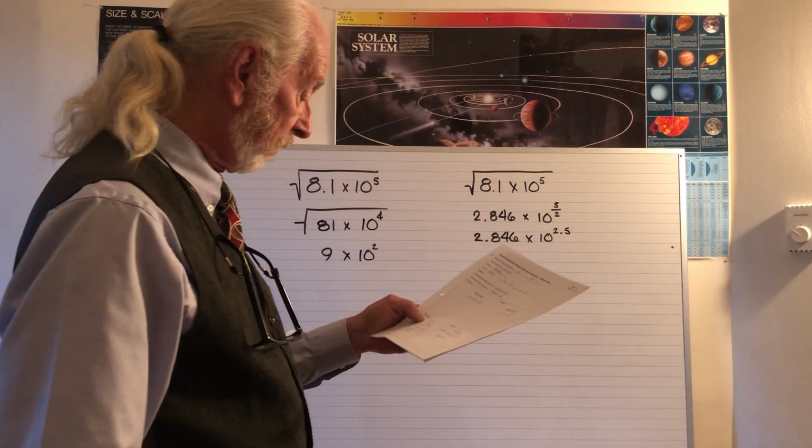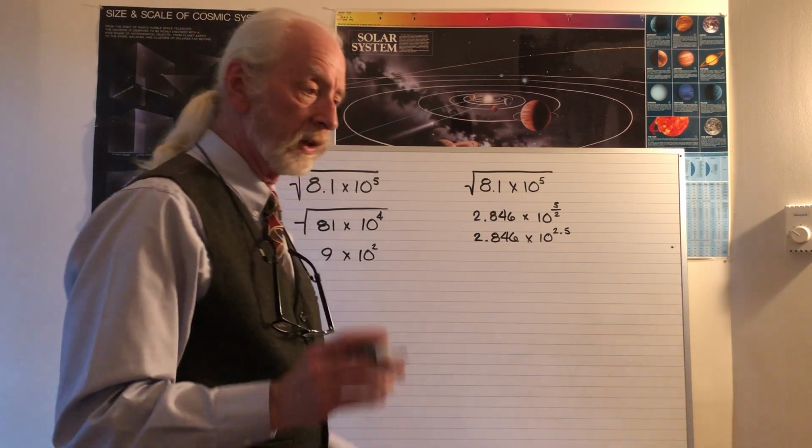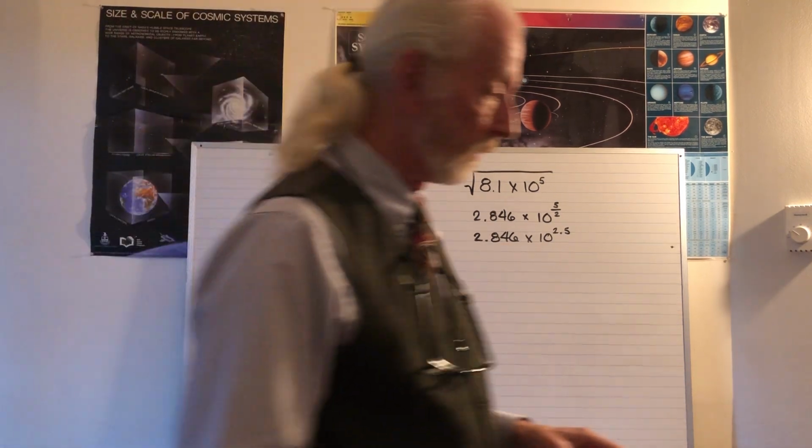Five over 2 equals 2.5. Now I'm going to step off camera for a second and grab a calculator.